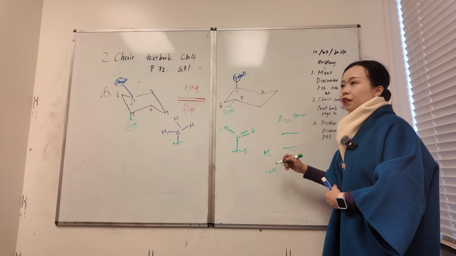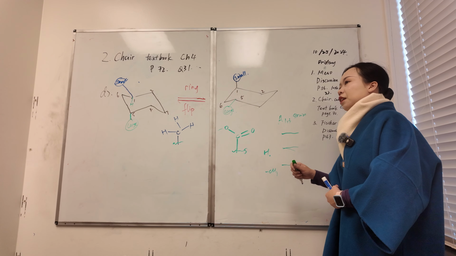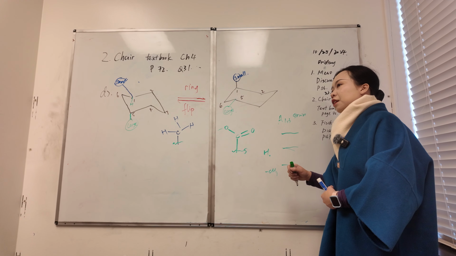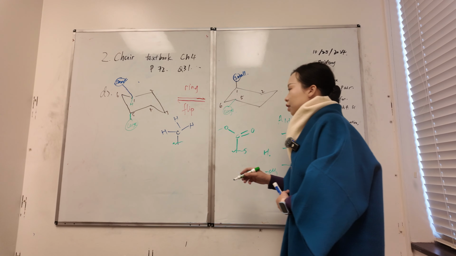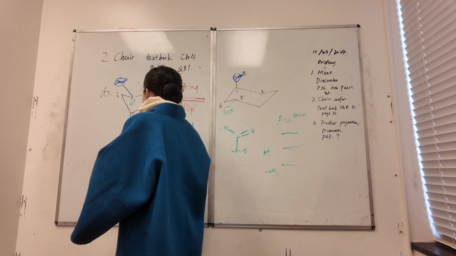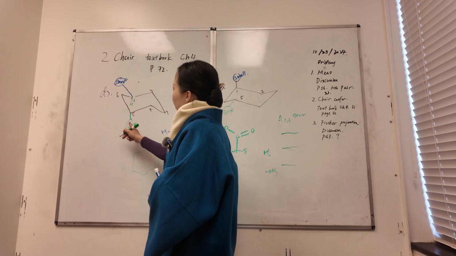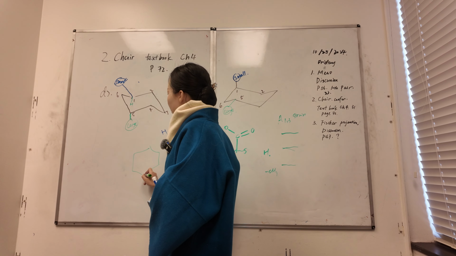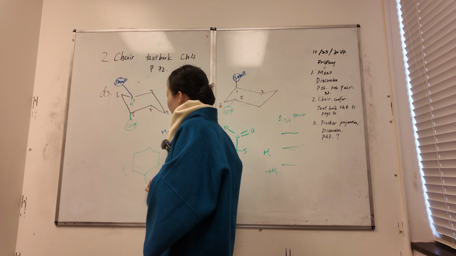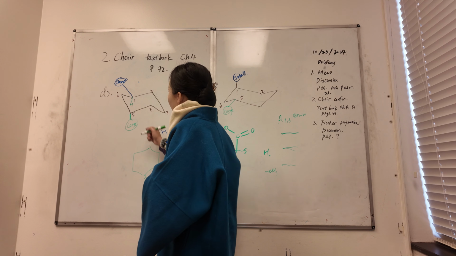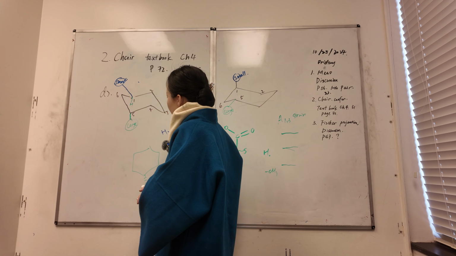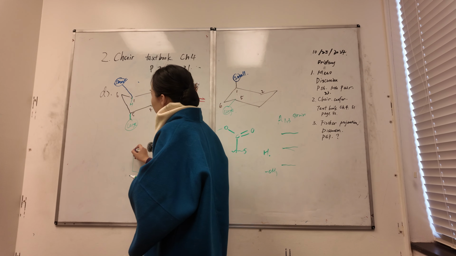Is there a relationship between equatorial, axial, and wedge and dash positions? Yes. If you draw the six-member ring, this one, the large group, should now be dash. The dark blue one is pointing up, so it should be small.